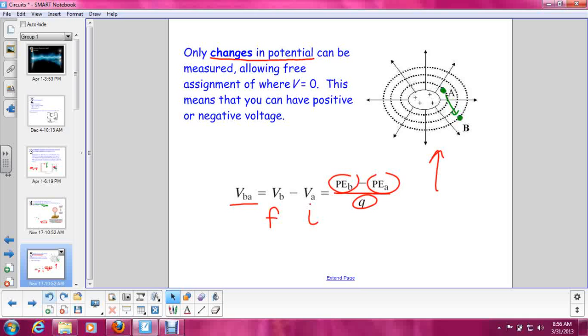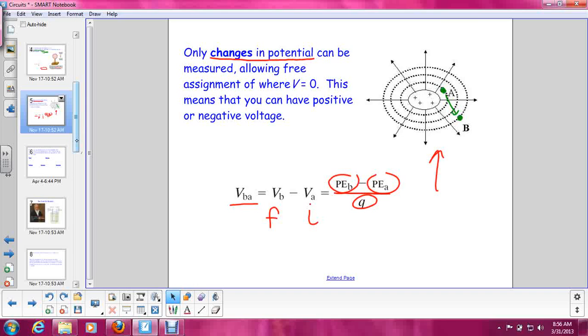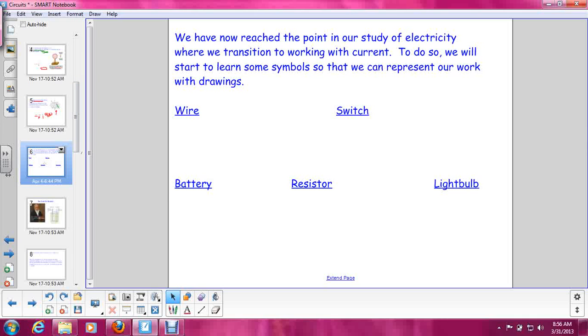You won't have to do this, but I'm pointing it out. So we only measure changes in electric potential. Now, why am I telling you all of this? Whenever you have a potential difference between one point and another, you will have a flow of charge between those points. This happens in what we call a circuit.